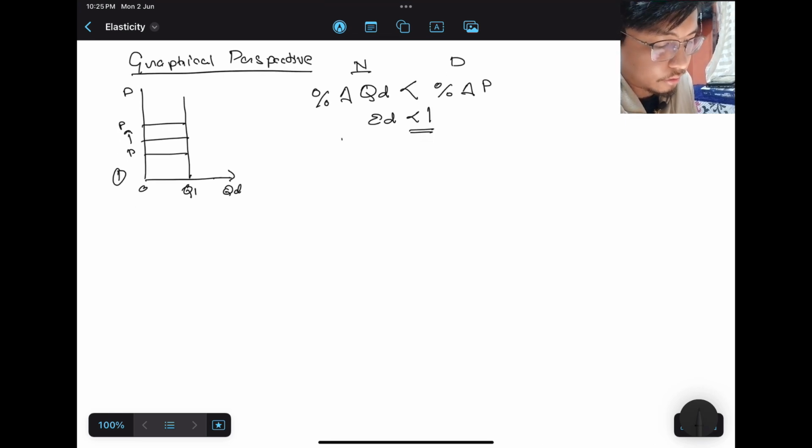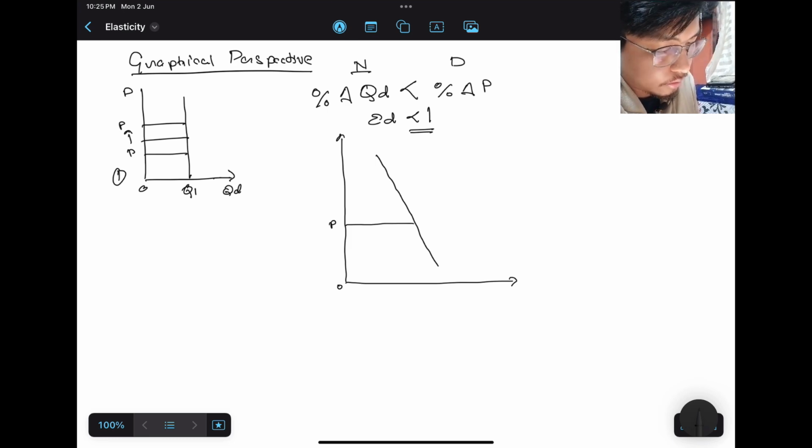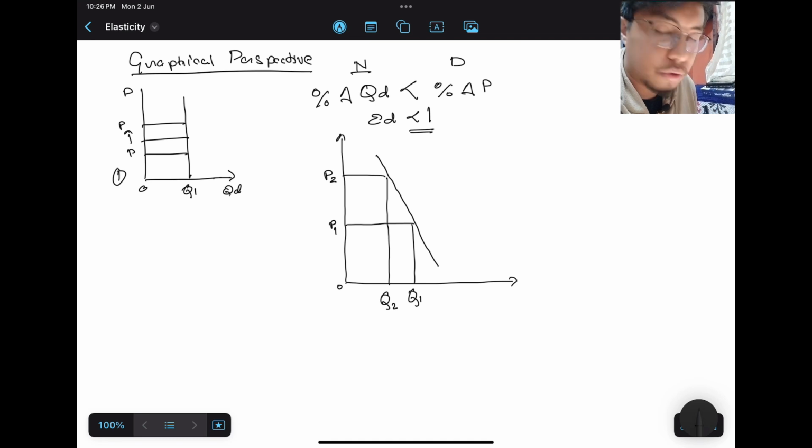Now see, look at this. Let's say initially you are at P1, Q1. Okay, let's say prices changed to P2, but then your quantity changed to Q2.